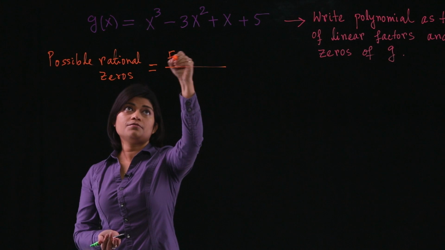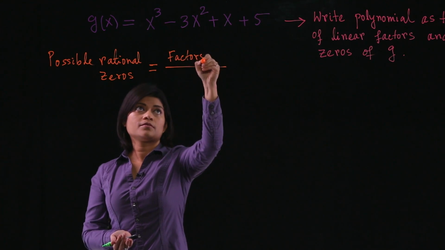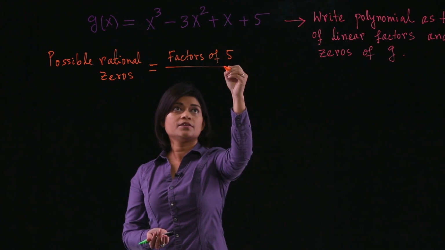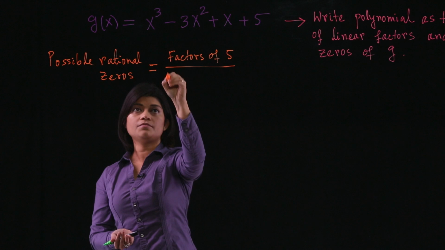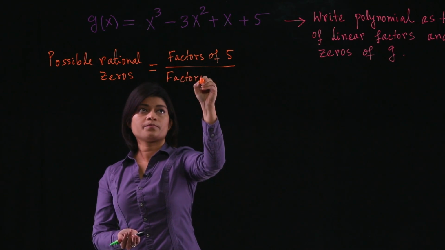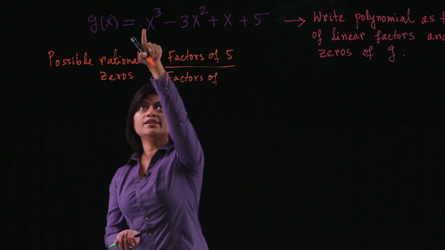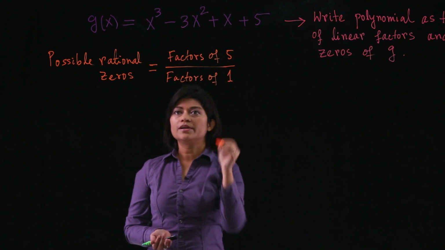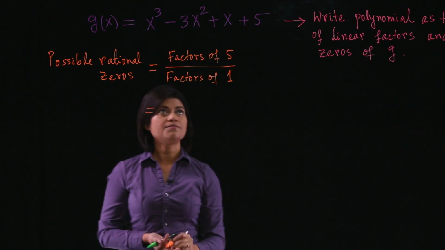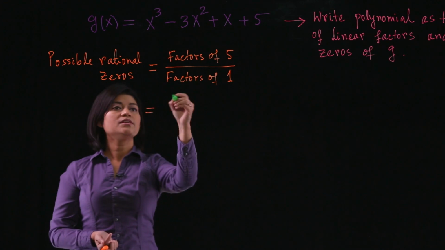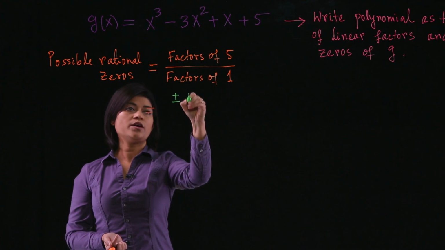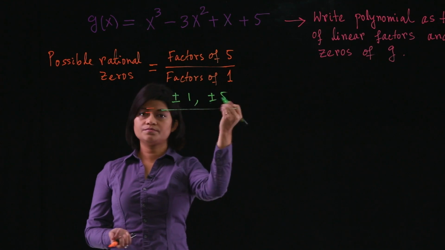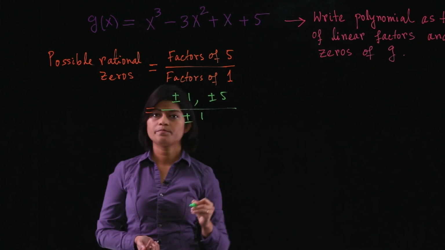It's the factors of the constant term, and the constant term is 5, divided by factors of the leading coefficient, and the leading coefficient is right here, it's 1. Okay, so what are the factors of 5? It's either plus or minus 1 or plus or minus 5. And what are the factors of 1? They're just plus minus 1.